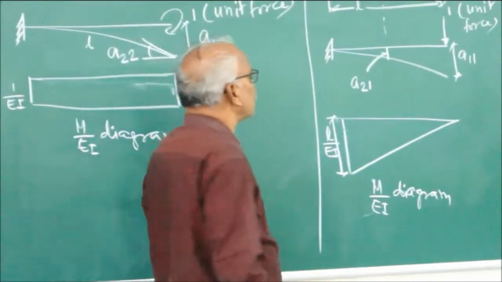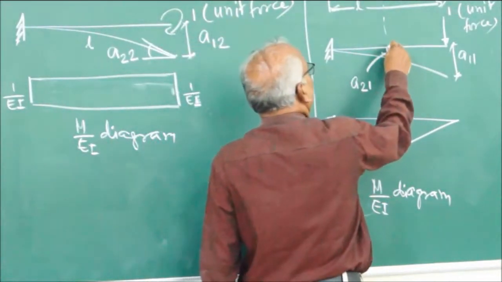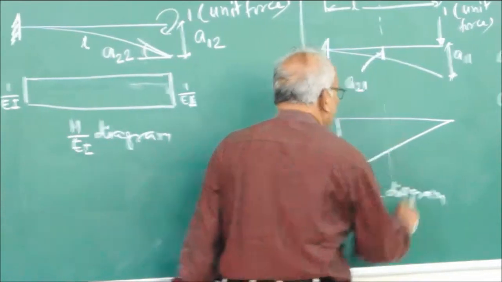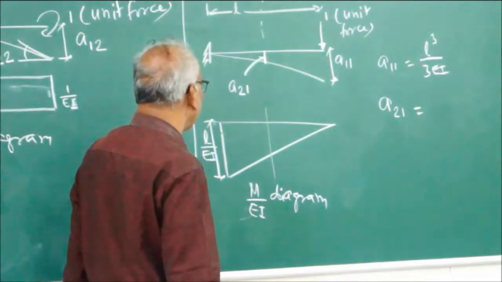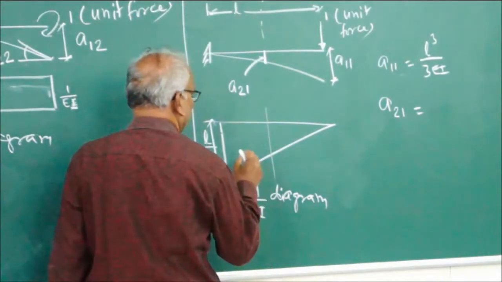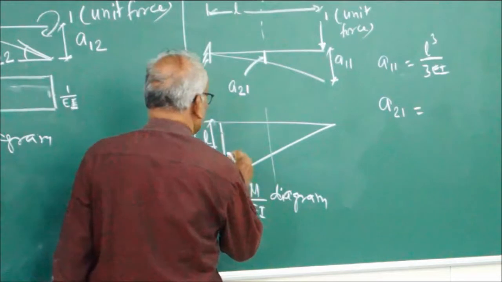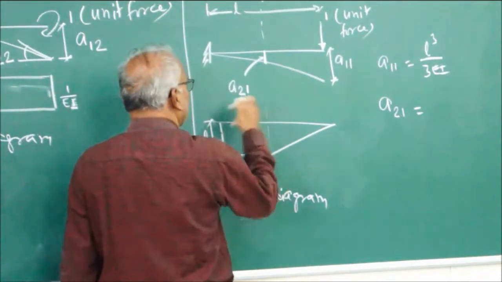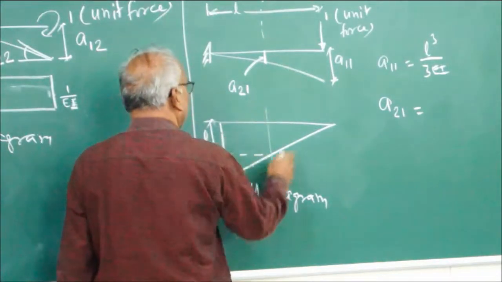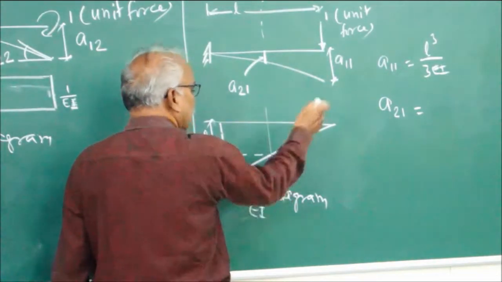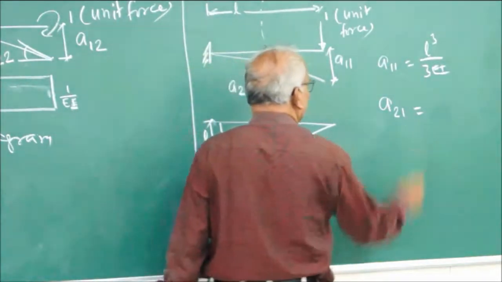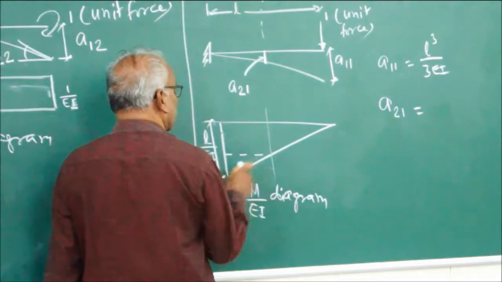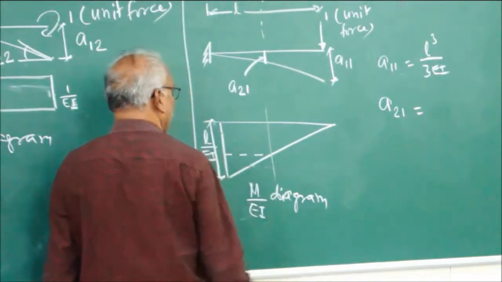A21, A11 already we have calculated. A21 is a displacement here along coordinate 2. So you have to find out the displacement here at this point. So displacement here is given by, let us first divide the trapezium. That is the moment of area of this trapezium about this point, because you want deflection. A21 is a deflection. So the deflection here is given by moment of area of this trapezium about this point.